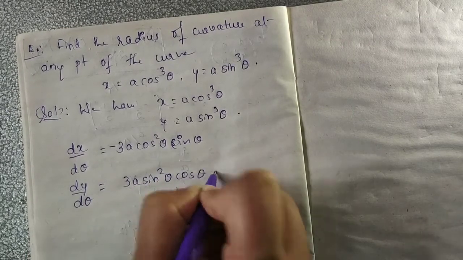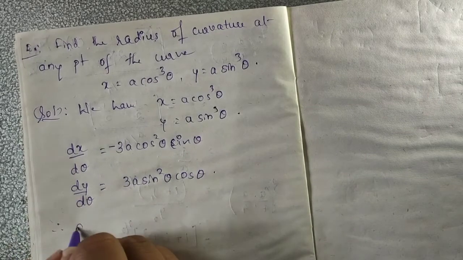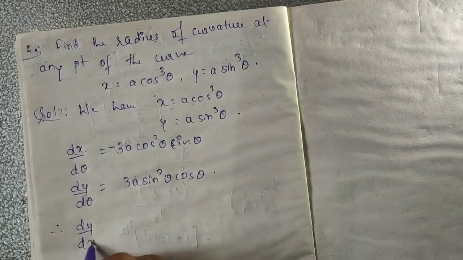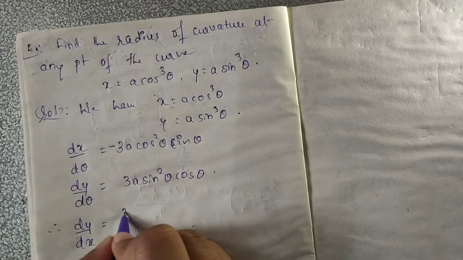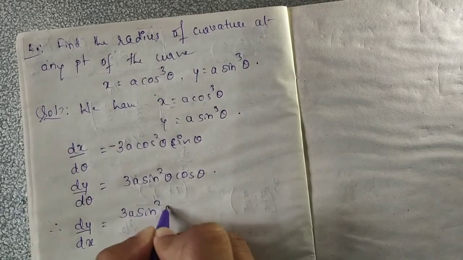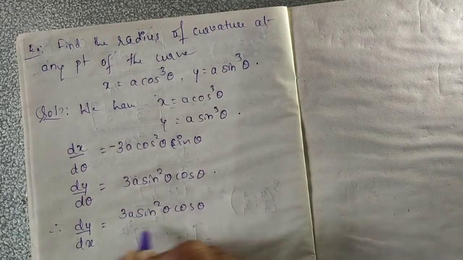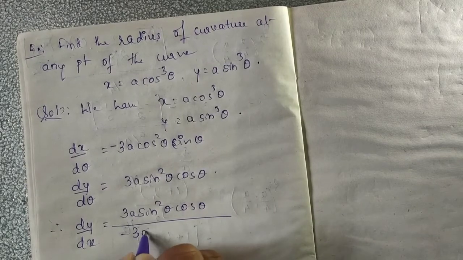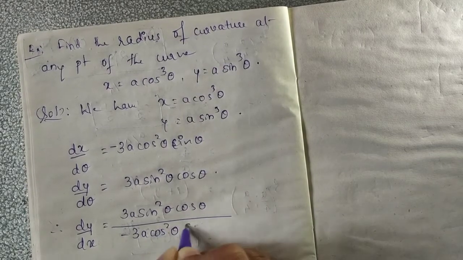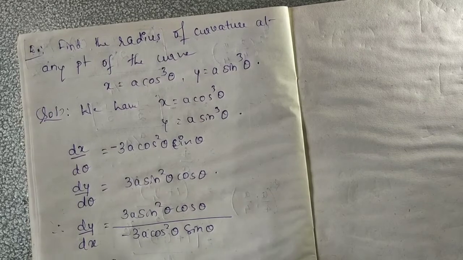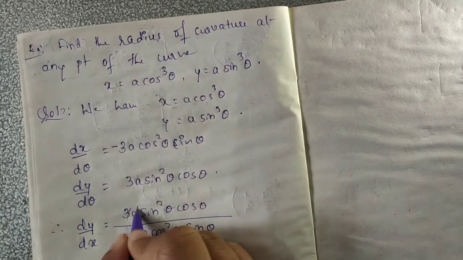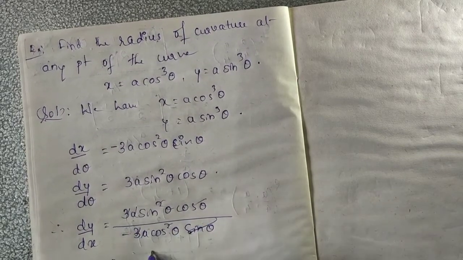Derivative of sin theta is cos theta. Now we can find the value of dy by dx, which is 3a sin square theta into cos theta divided by minus 3a cos square theta into sin theta. We are left with minus tan theta.